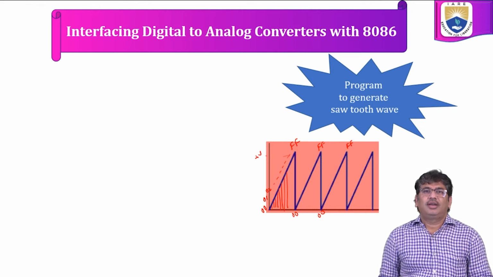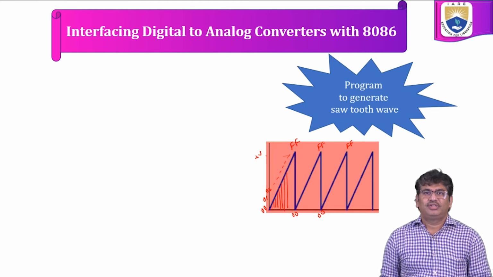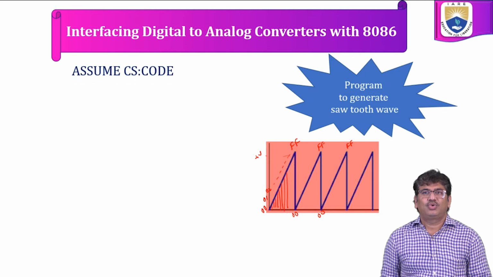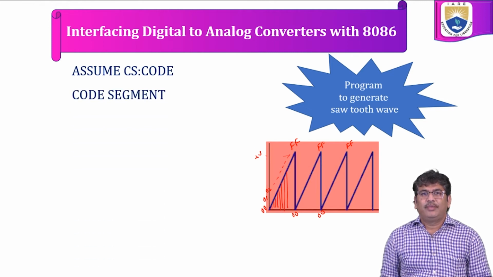First we will start by calling the directive ASSUME for the code segment, that is ASSUME CS:CODE. To start the code segment, we use the directive SEGMENT, that is CODE SEGMENT. Start the program by updating the control word register with 80H. First we will move 80H to the AL register.